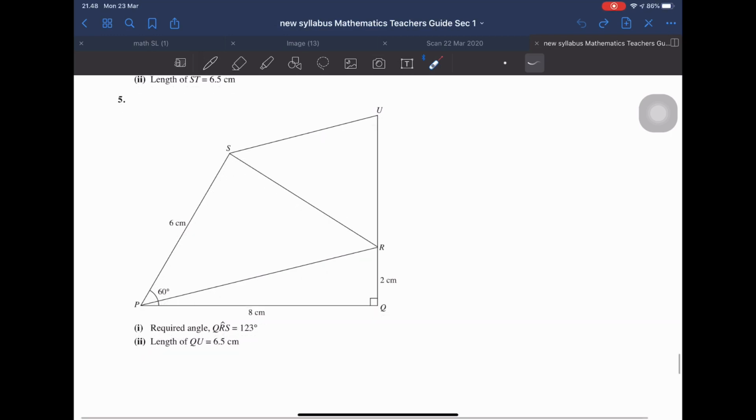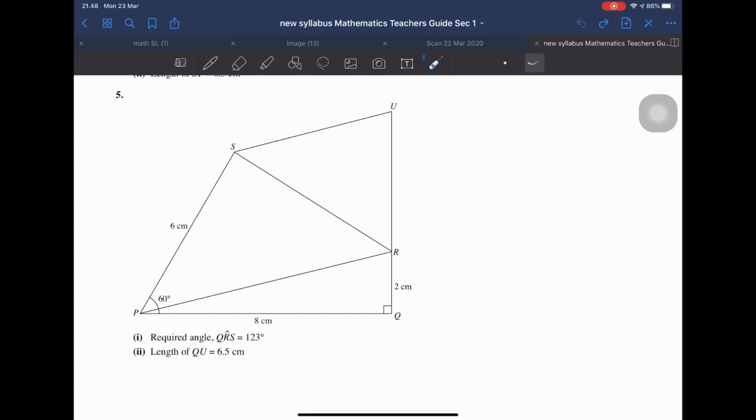Now it's number 5. Let's continue. The question is a quadrilateral, so it should have 4 sides. The base is 8 cm. Make sure it's 8 cm PQ, and then PQR is 90 degrees, so you can just use your protractor to do that, and QR is 2 cm.